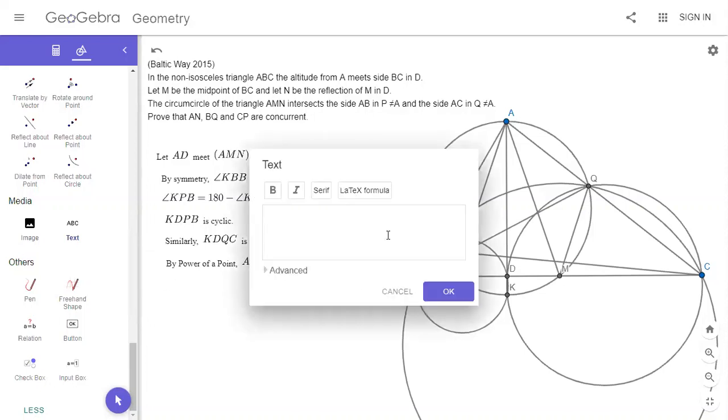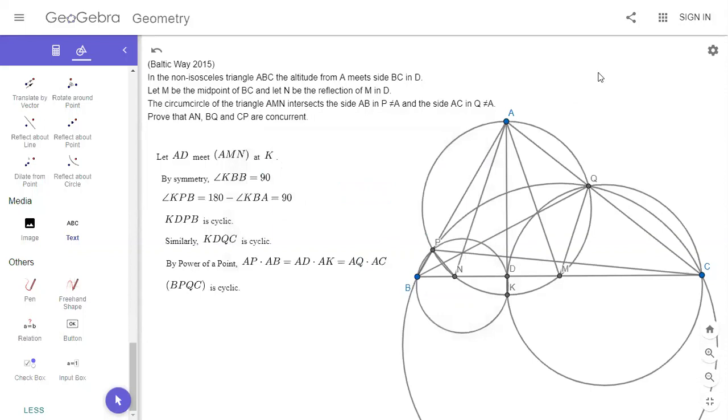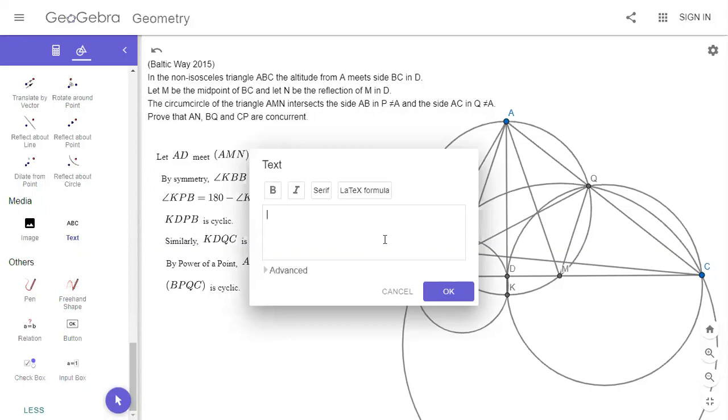I already drew in that circle, but oh well. And then you said BN times BM is equal to BP times, okay. So then CN times CM is equal to CQ times CA. All right.